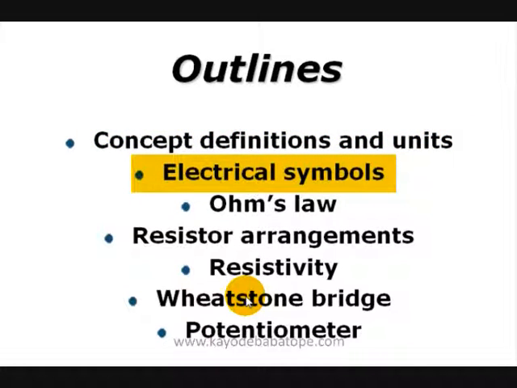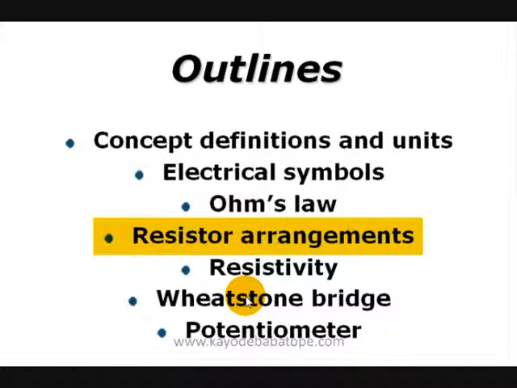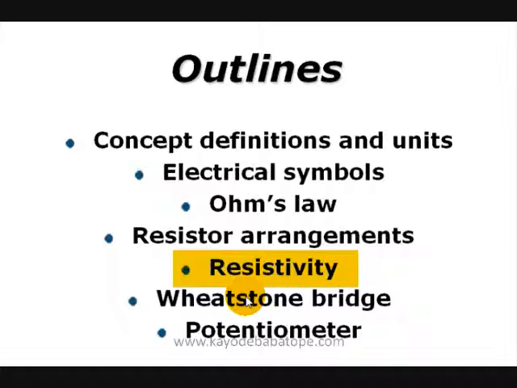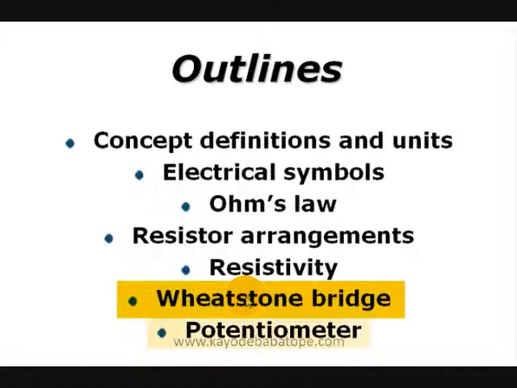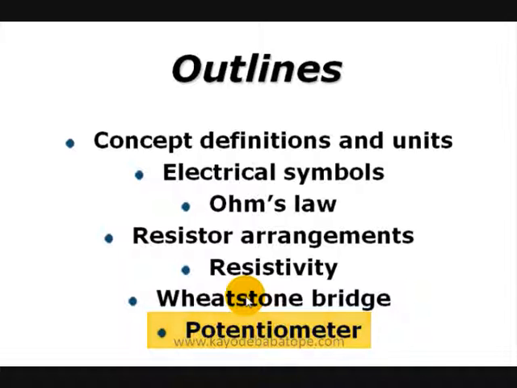We will be looking at electrical symbols, Ohm's law, and resistor arrangements, parallel arrangements and series arrangements. We will be looking at resistivity, and then some important applications like the Wheatstone bridge as well as the potentiometer.